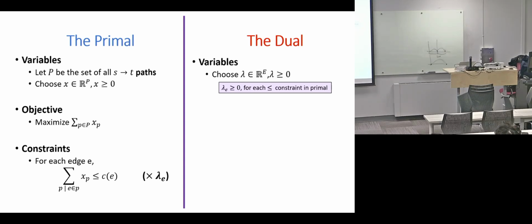Each primal constraint corresponds to an edge. So you create a variable lambda e for each edge e. Lambda will be at least 0 because the constraint here is an at-most constraint. So you put at least 0 here.